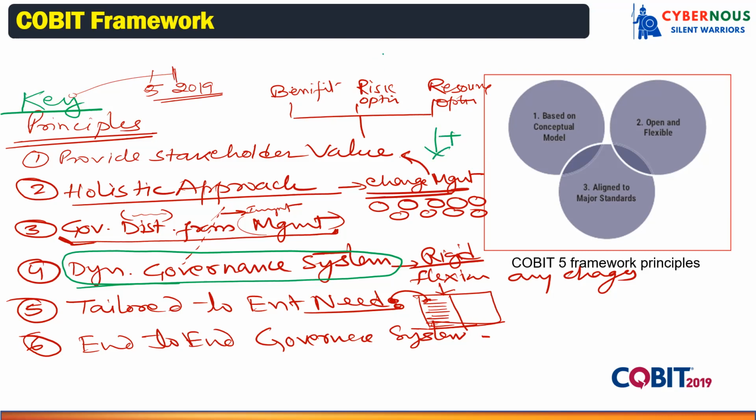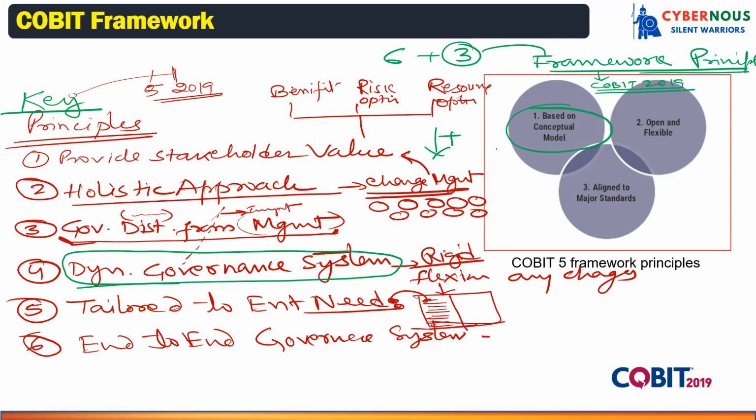Along with these 6, we have 3 framework principles. These are called framework principles. They define the principles on which the COBIT 2019 framework has been designed. It is based on a conceptual model.